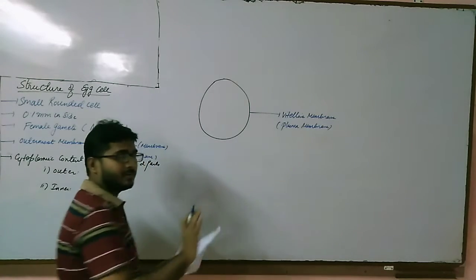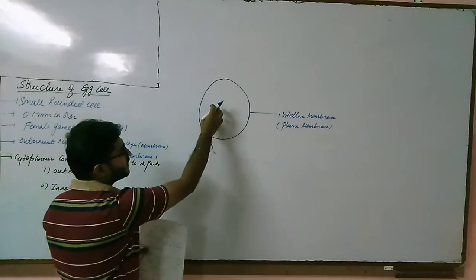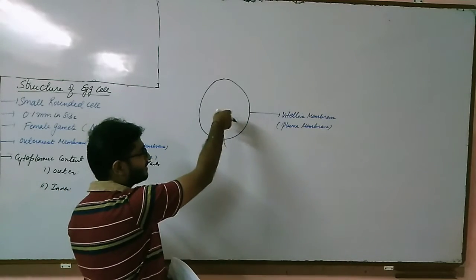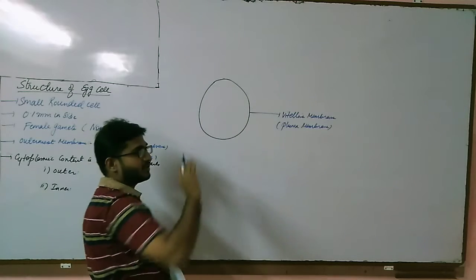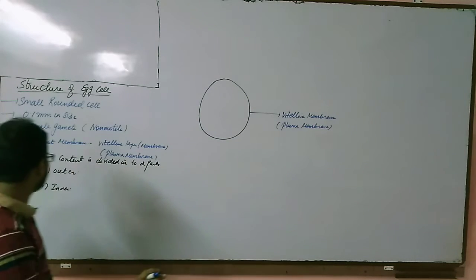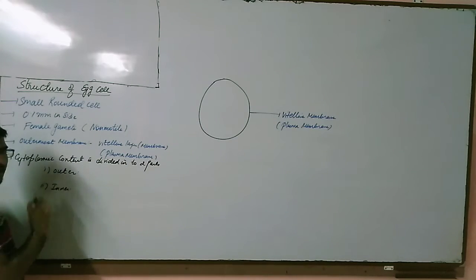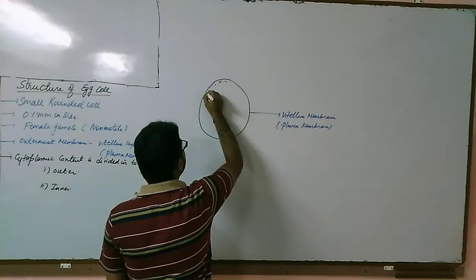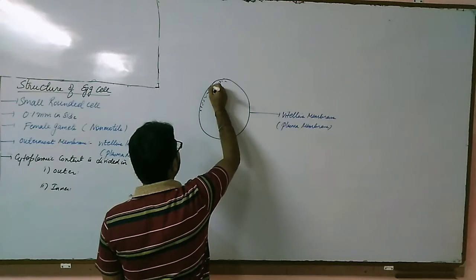So this is the vitelline membrane or the plasma membrane. Within the vitelline membrane, the cytoplasm is there. All over the entire cell between the periphery, the cytoplasm is located. This cytoplasm has two regions, outer as well as inner regions. So first let us draw or label the outer regions.